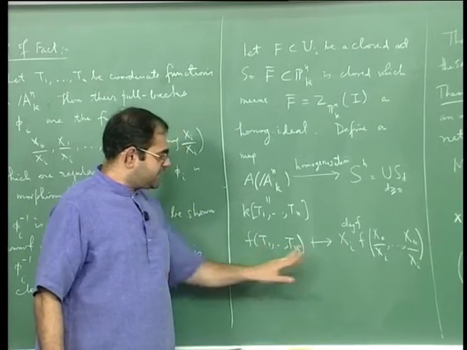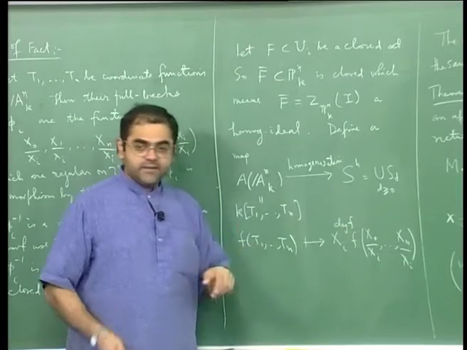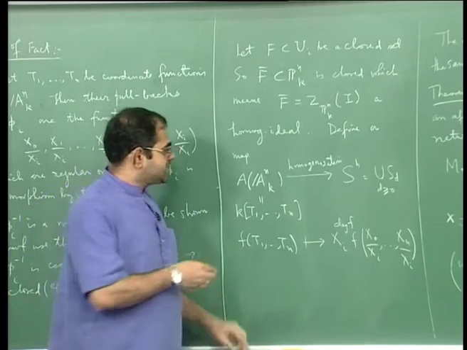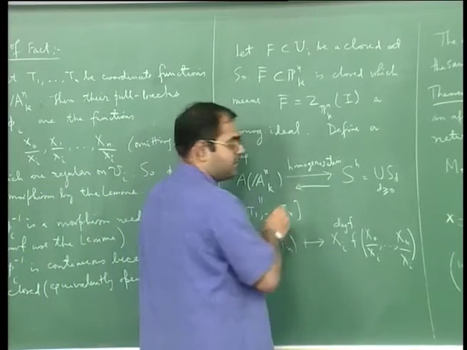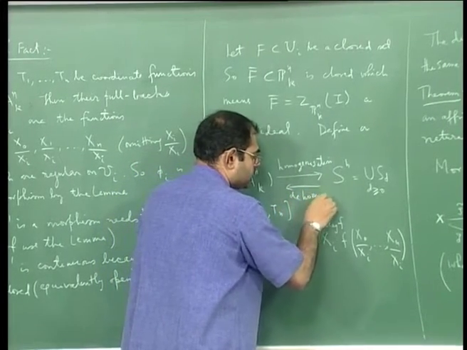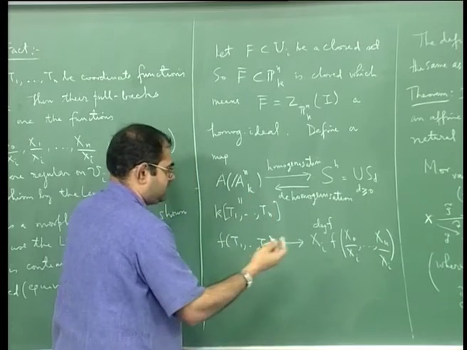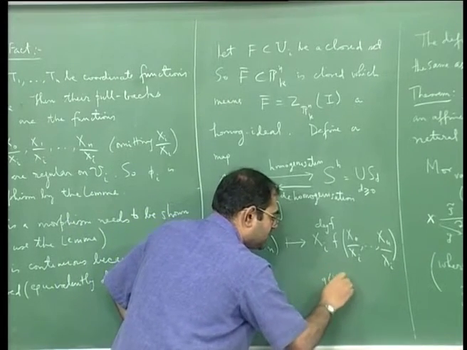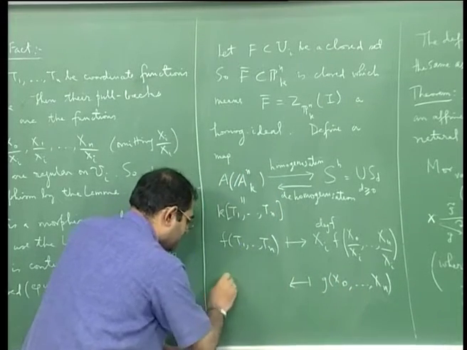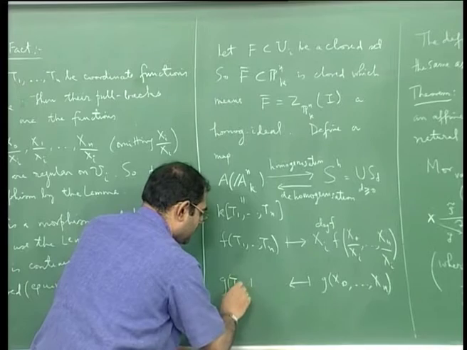So this polynomial is a homogeneous polynomial of degree equal to the degree of f. This is called homogenization, alright, and there is a map in the other direction which is called dehomogenization, and that's very simple. You give me a polynomial g(x0 etc. xn), and I do the obvious thing. I simply send it to g(t1 etc.